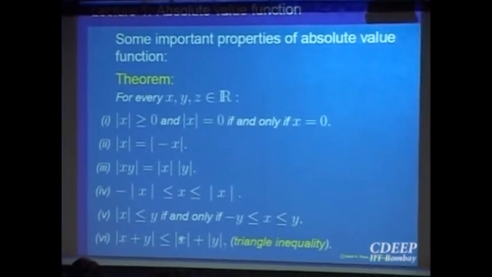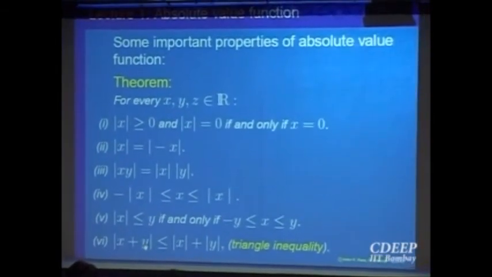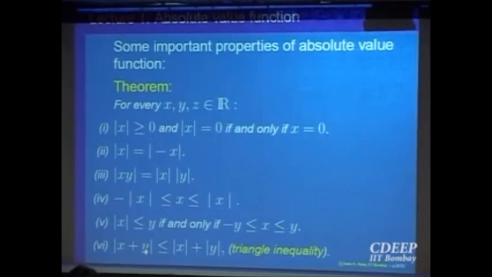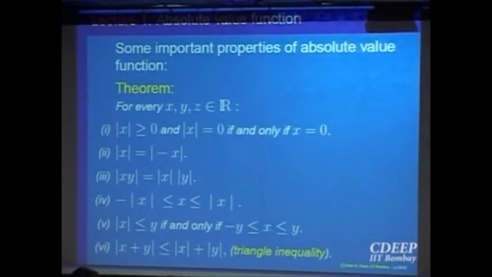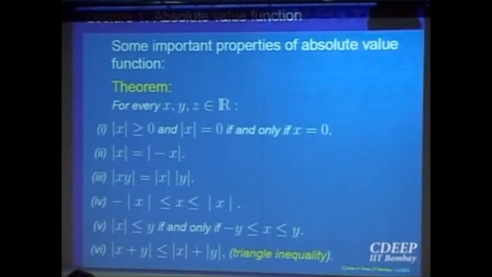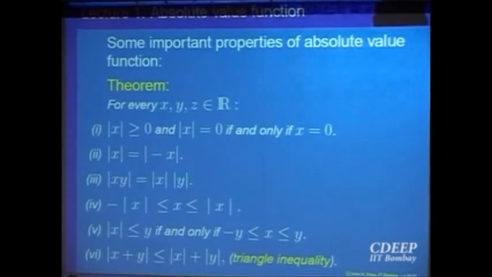This number you can call it b. X plus y you can call it a. So you want to prove mod of a is less than or equal to b. When does that happen? 5 says it will happen if and only if minus b, so minus of this absolute value sum, is less than or equal to x plus y, and that is obvious. So that is how you prove triangle inequality.